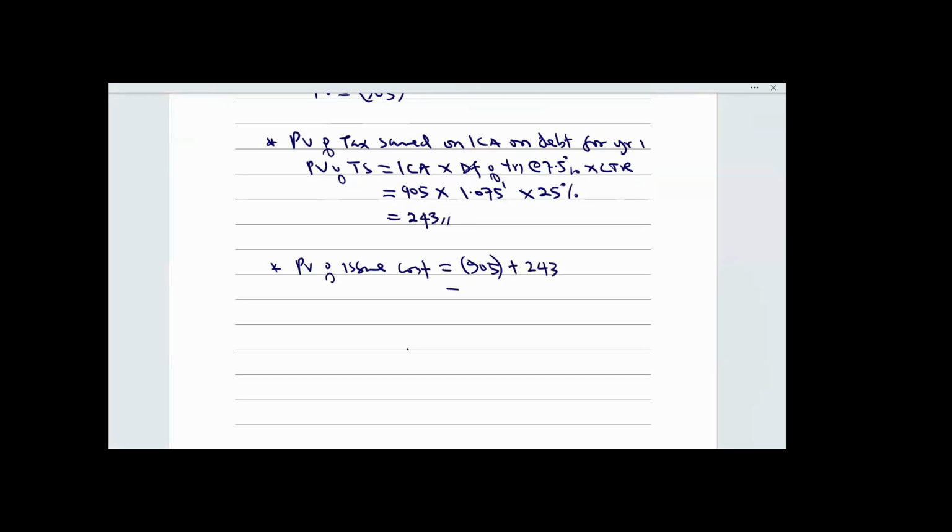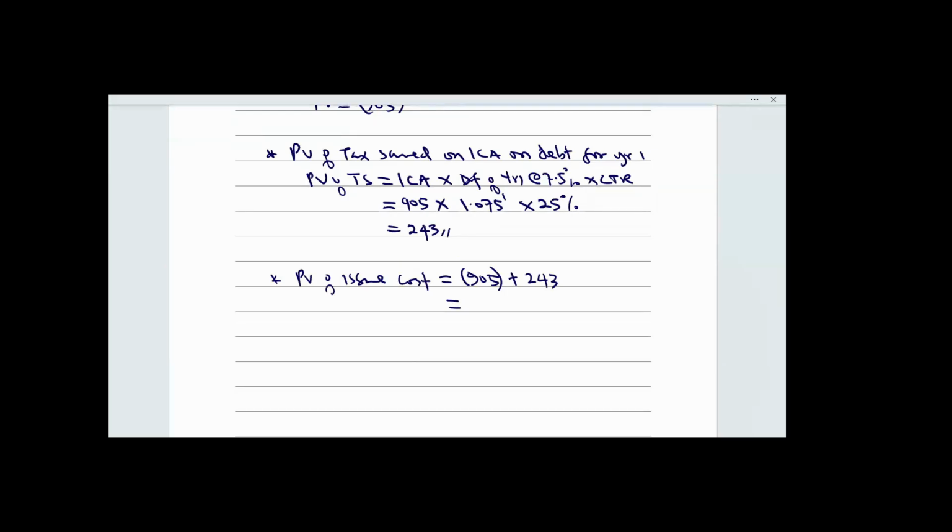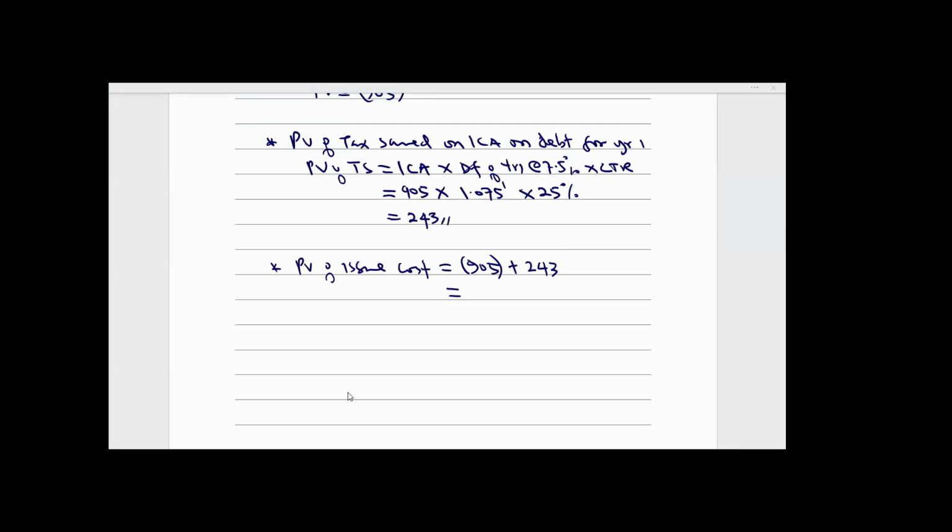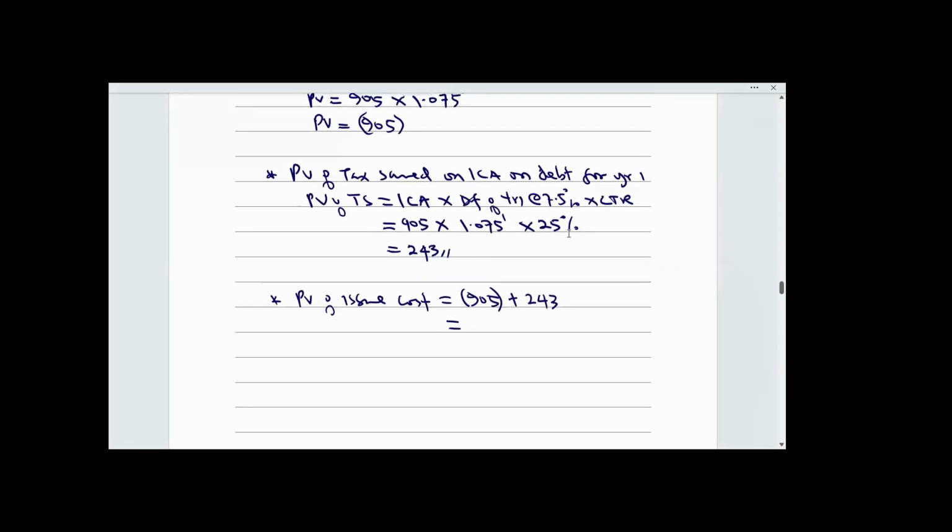So this will give us what? Okay, that's minus 662. Something is wrong somewhere. This is not correct. What's the company tax rate?